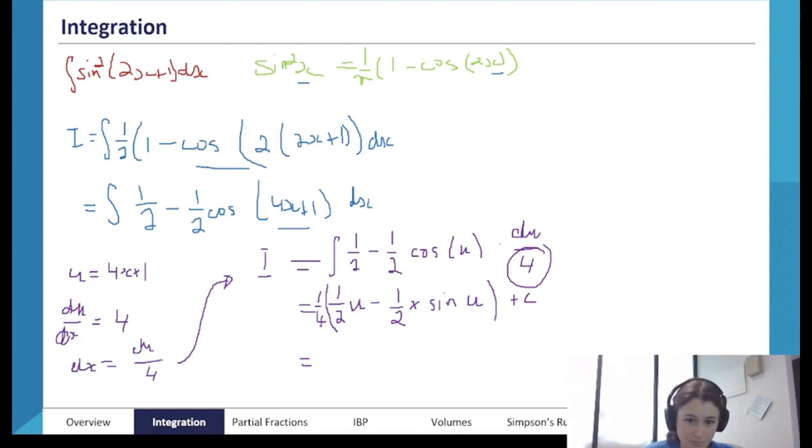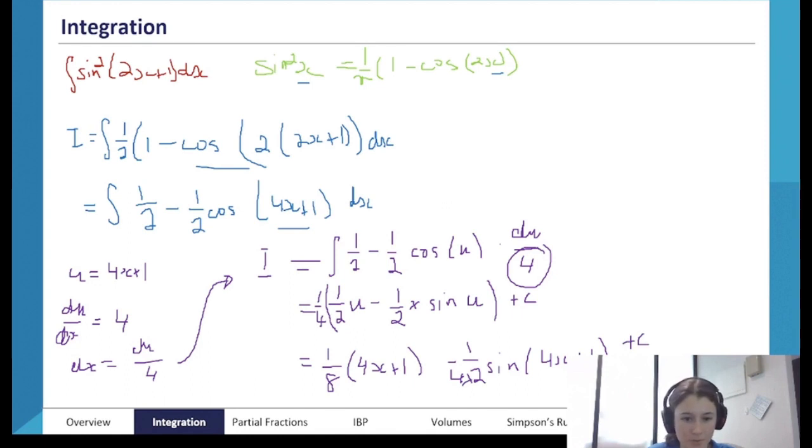So we are going to have 1 over 8 times 4x plus 1, take a half sine 4x plus 1, plus c.